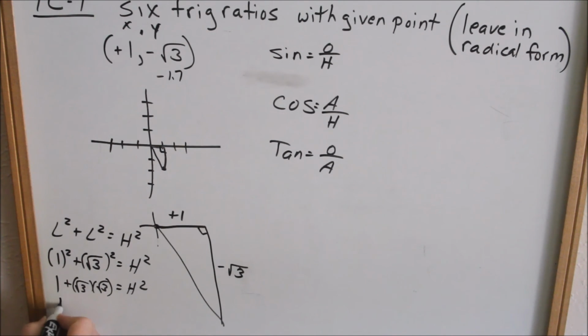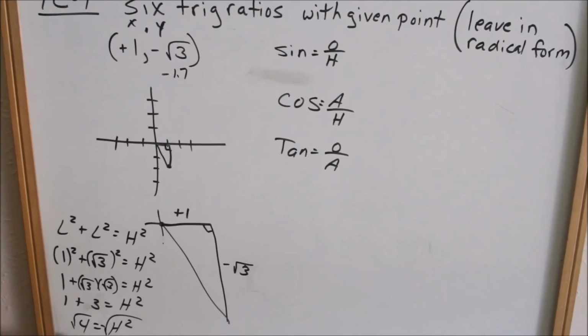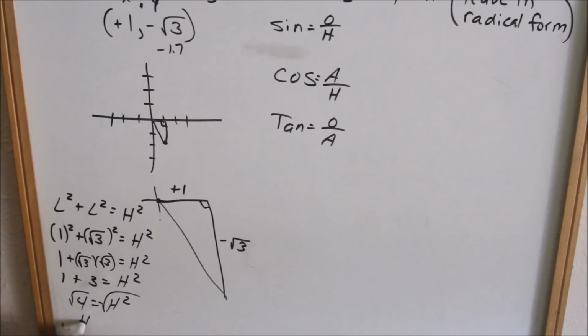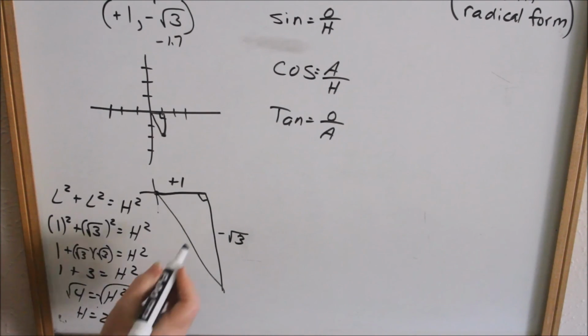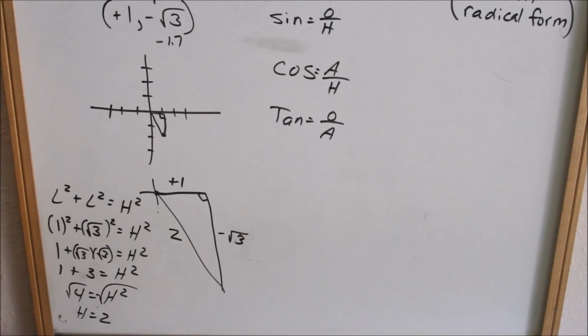Okay, so basically what we had was 1 plus square root of 9. Square root of 3 times square root of 3 is square root of 9, and square root of 9 is just 3. So 1 plus 3, 4, but we're solving for h, so you have to take the square root of both sides. So turns out that the hypotenuse is 2. Square root of 4 is just 2. So the hypotenuse is just 2.